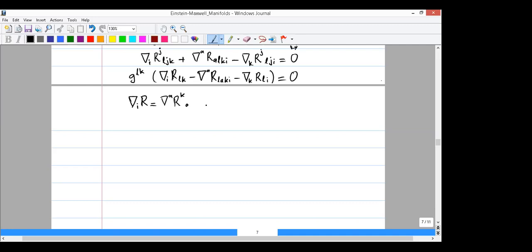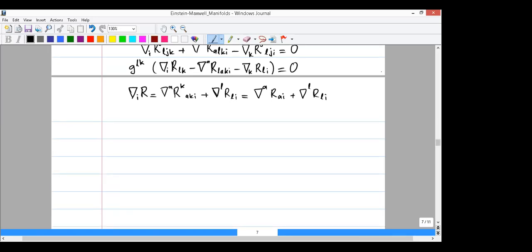Plus l, R, and i, and that is equal to this one again, first and third indices. So it is the Ricci tensor by definition.